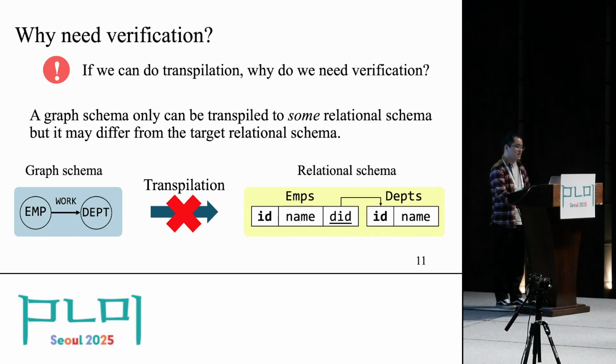Given these two schemas, it's difficult to transpile a graph query over this graph schema to a relational query over this target relational schema. Instead, generating a relational query over a relational schema that has three tables corresponding to this graph schema is more straightforward.